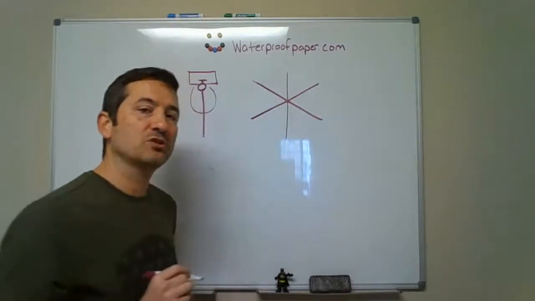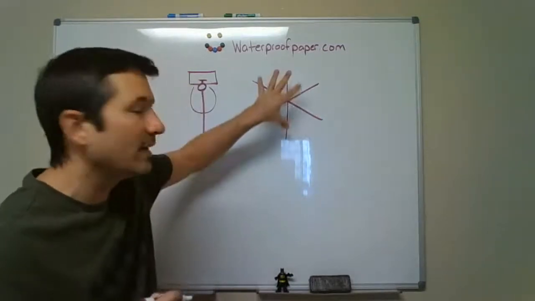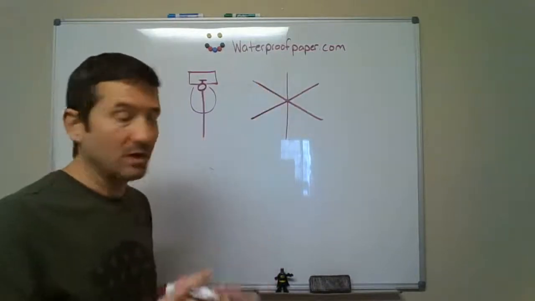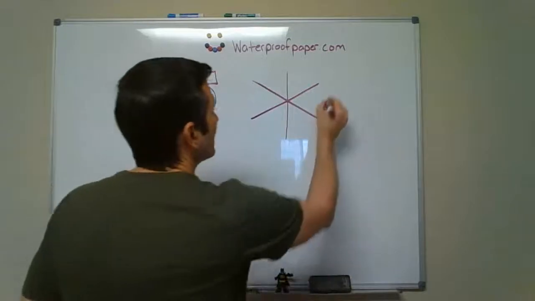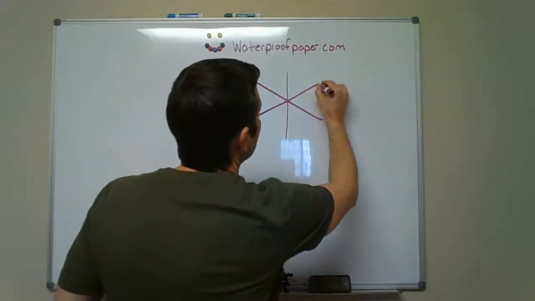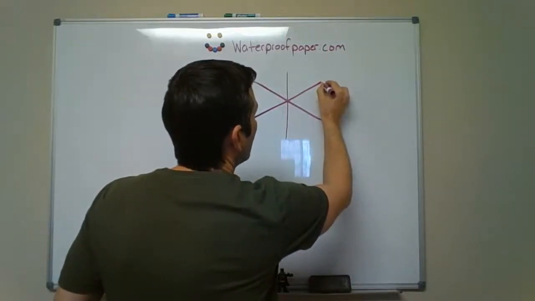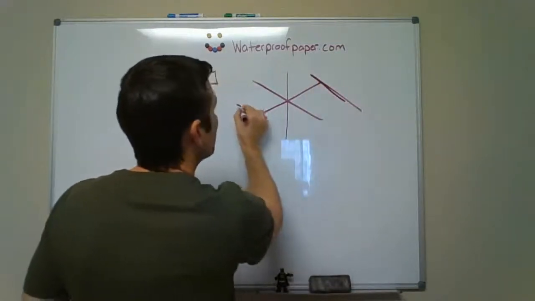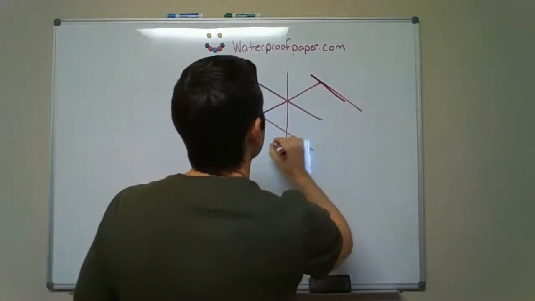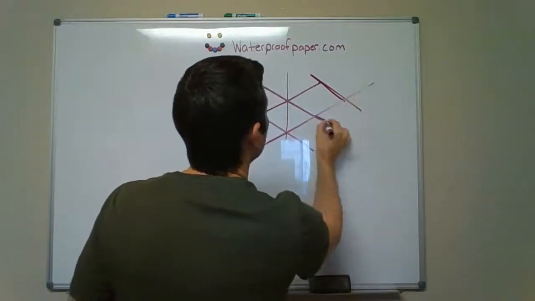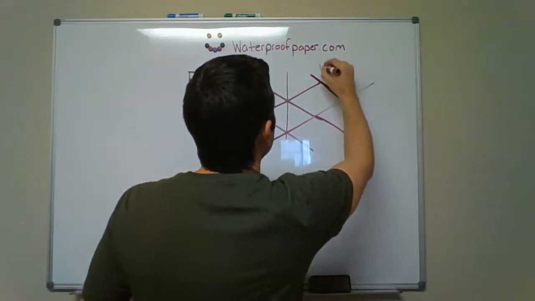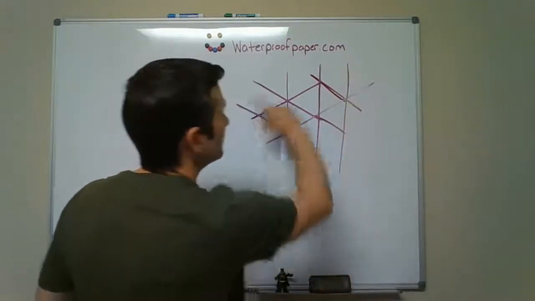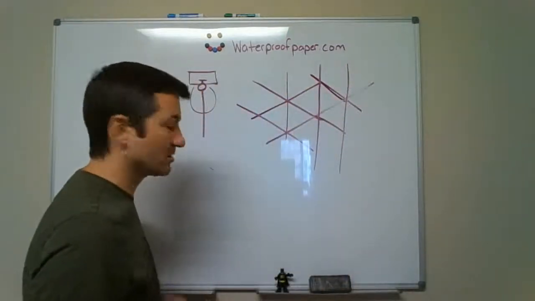If you look real close at your isometric paper, this is one little cell of many of them on the paper. So this is going to keep going. On your paper, the lines would go this way and continue this way. This is going to continue this way. This is going to cut up and go this way. And then you have these vertical lines cutting through here, vertical lines cutting through here. So you've got all these little triangles, this grid pattern.